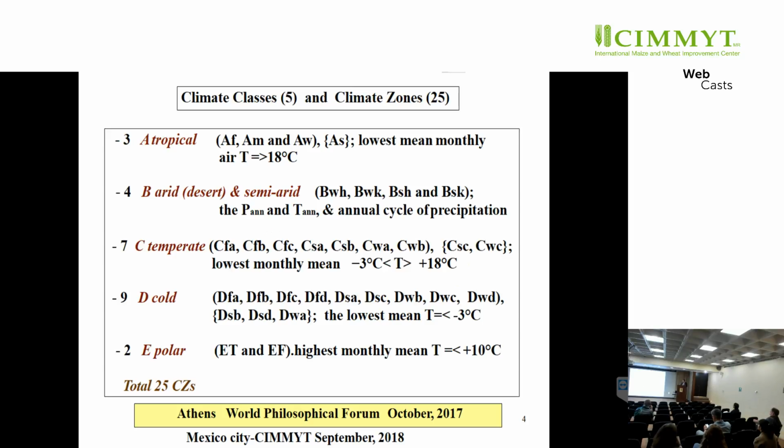Now, the system itself, Köppen-Geiger, is an old system from the beginning of the past century. However, what convinced me to get on track is that it has been updated with satellite data. So this gives me confidence to make use of that.